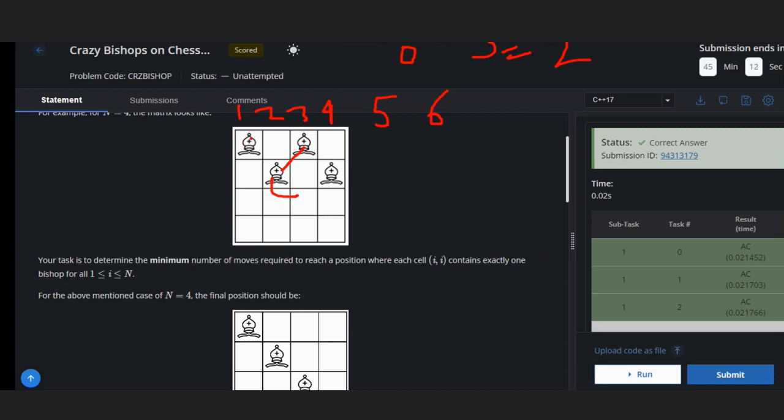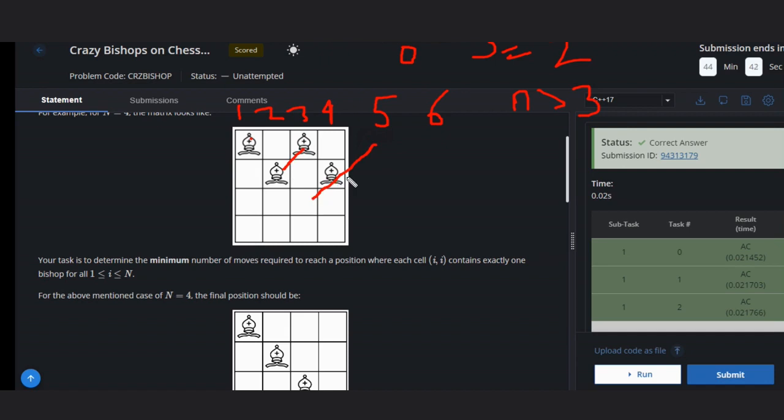So let's discuss bigger cases, if n is greater than 3. If you can see, for every odd position we have to do just a single move, like this to this, this to this.